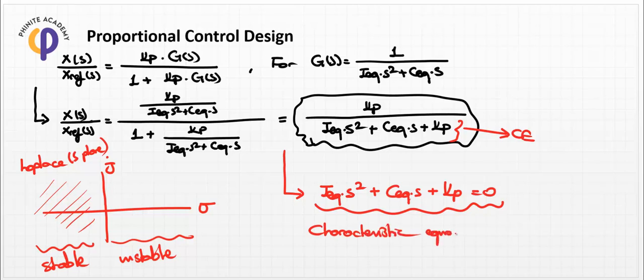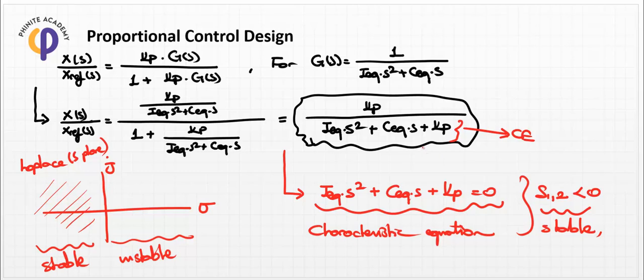If we organize the roots s1 and s2 to be negative, we obtain a stable, reference-tracking system. Every system, in the closed-loop or open-loop domain, depends on the characteristic equation.